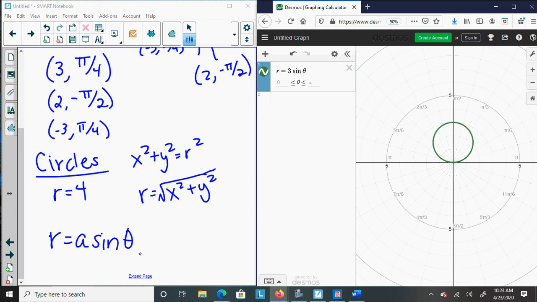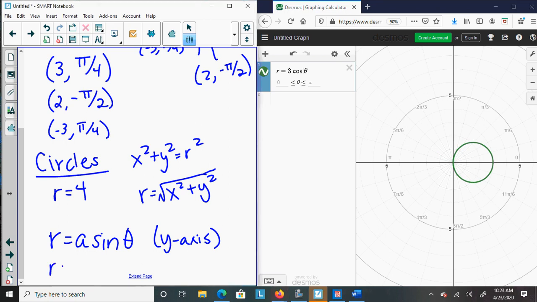That gives us our circles that are reflective about the y-axis. This one goes to 3 because there's a 3 in the front that I typed in there. So this is going to be y-axis circles, and I think you can guess if I change that sine to a cosine, what's going to happen. It's going to be on the x-axis.